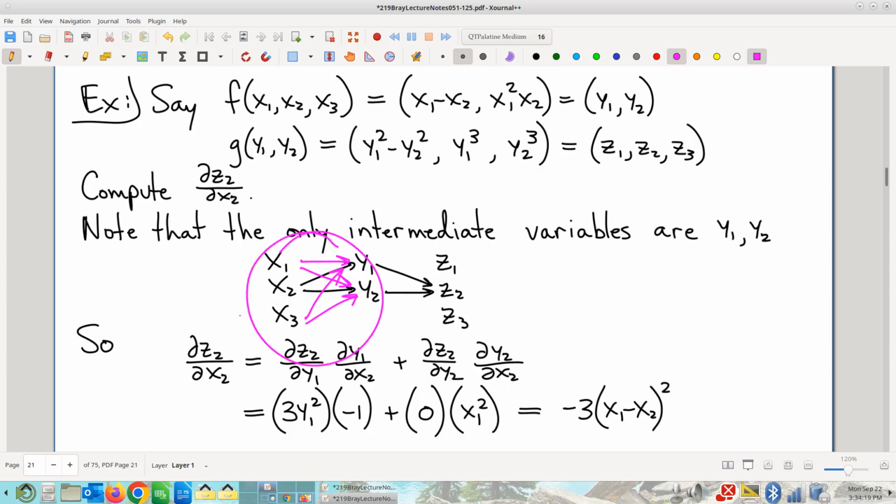I just didn't want the picture to get all muddled, right? So what I knew from the question itself, I knew I was going to be interested in starting at x2 and going to z2, and therefore, from x2, the fact that x1 influences y2 has just got nothing to do with what x2 is doing. Does that make sense? Yeah. So really, these just happen to be the only arrows that could matter. Yeah. Okay. All right.